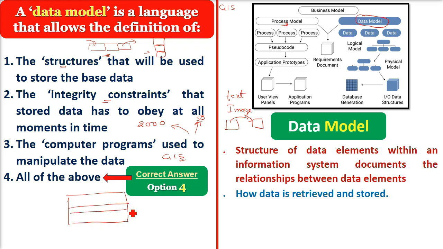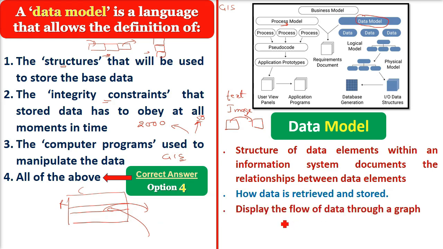So let me make a table here. See, all these horizontal lines or the blocks are rows. The vertical ones will be columns. So how are you going to keep that data and retrieve that data? That is described by the data model.